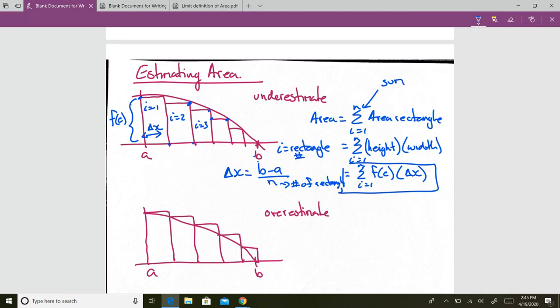Okay. C, which is the height, these numbers up here. C, for the one up here, because we start with this, it's going to be a plus. Now, if you go to the second rectangle, it's this number right there.